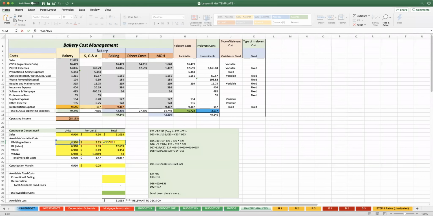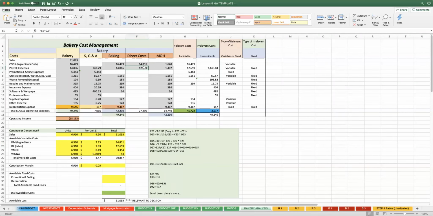I'm just multiplying through units times price to get the extended direct material cost, which is the same as this, right? And here I'm multiplying units times the direct labor cost, which is the same as this, right? So those were the direct materials and direct labor. And I've got to add all of them together, and then I can get my contribution margin. So what that's saying is we only make 3 cents.